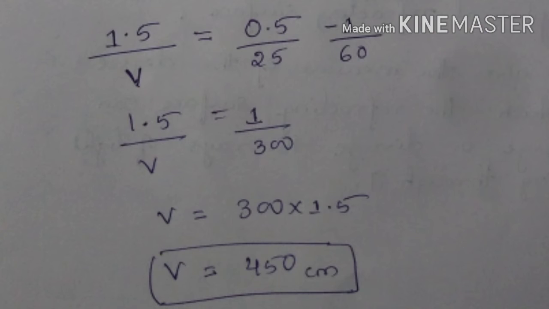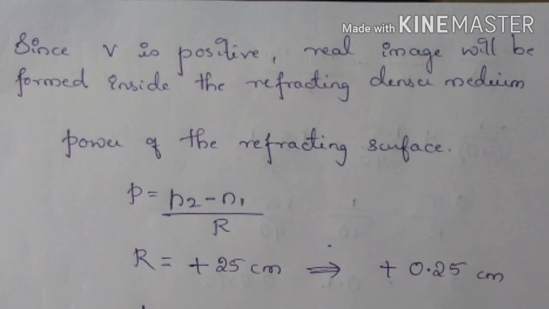If you cross multiply these two equations, then you get V is equal to 300 multiplied by 1.5. So V is equal to 450 centimeter.